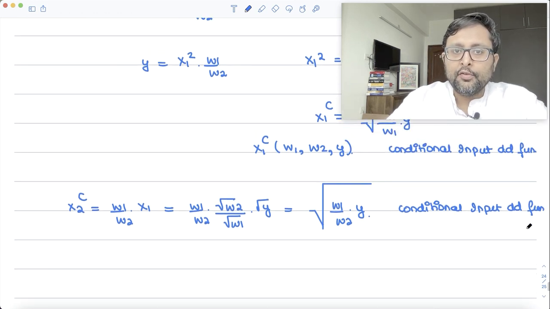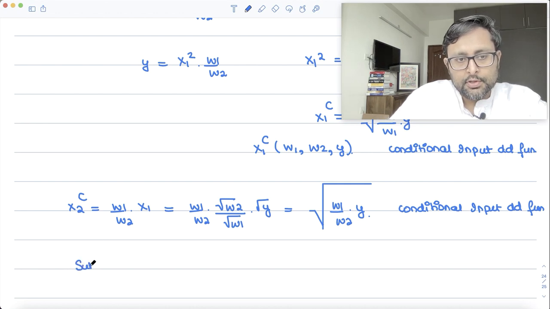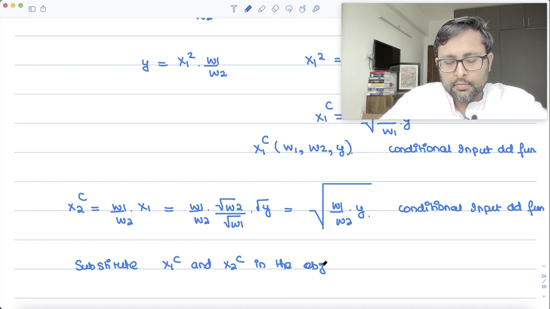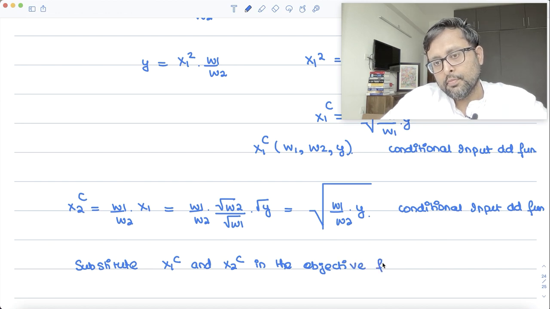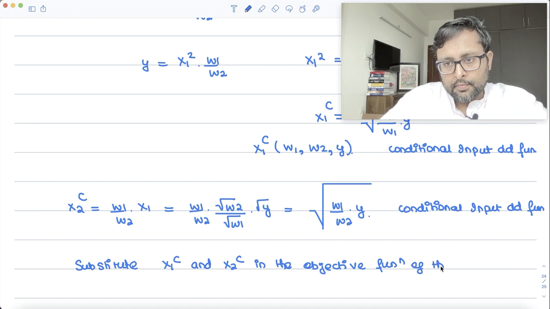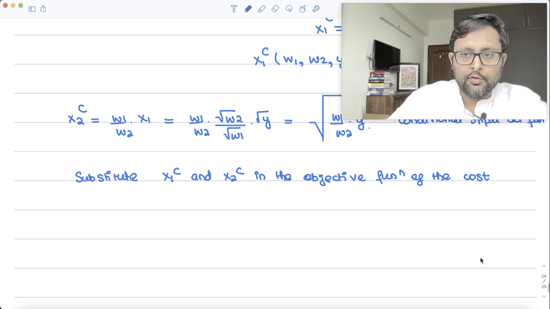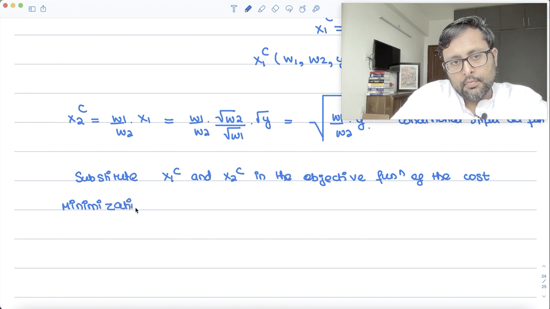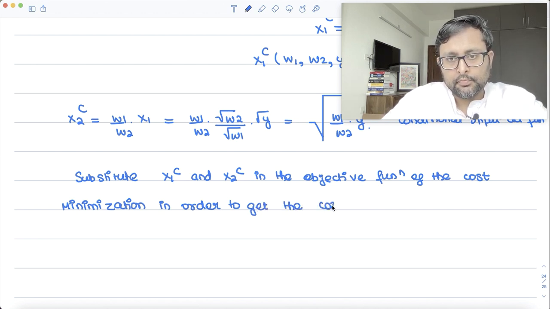Okay. Now, the moment you have your conditional input demand functions, what you can do is substitute them in the objective function of the cost minimization in order to get the cost function.